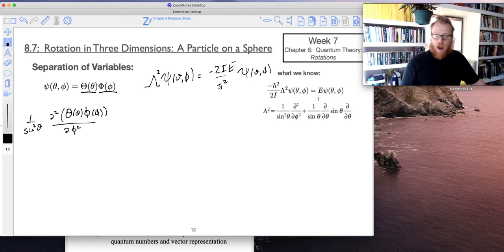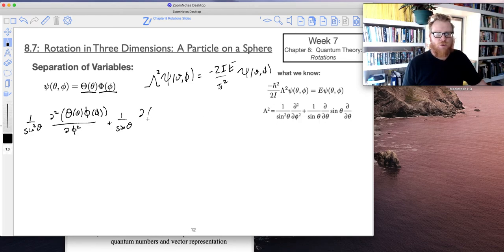Okay, so now my next term is this plus 1 over sine of theta. And now I've got a first derivative in theta. Okay, so let's see where that all went. Oh, and I'm just going to write it as such.